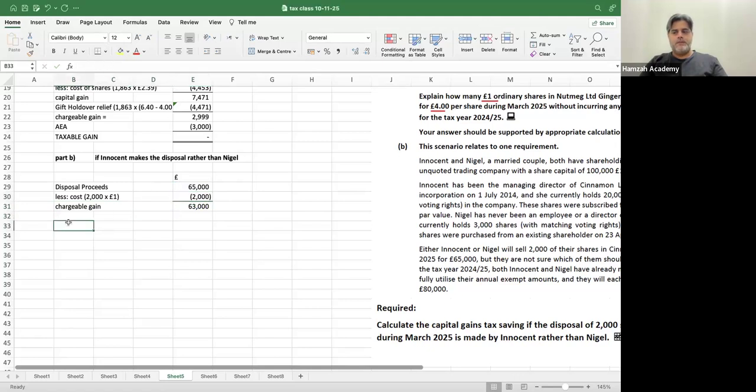Now, as far as the capital gains tax is concerned, that's going to be 63,000 into 10%. So that's going to be 6,300.